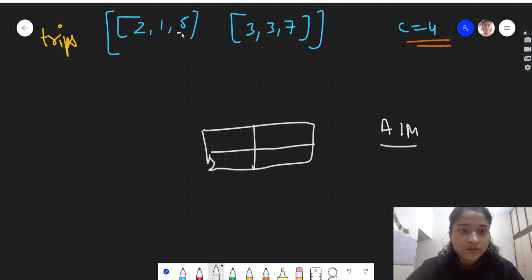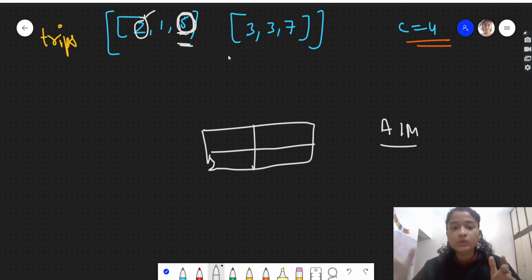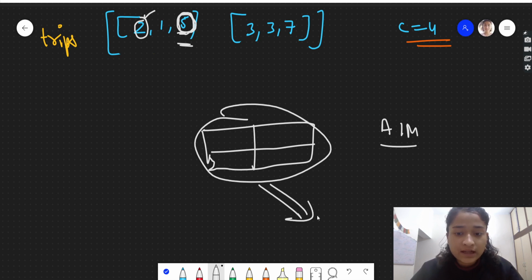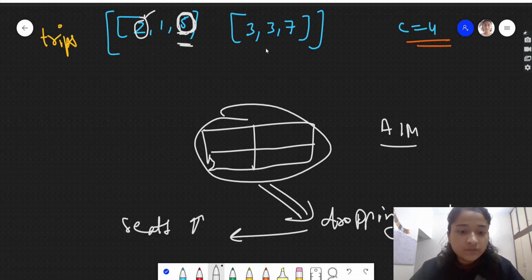For example, these 2 passengers will drop at 5, so we will drop them because we want to maximize the number of passengers in the car. If we drop the passengers earlier, the seats in the car will increase. So we want to pick up early, drop early, so that seats are available for other passengers.